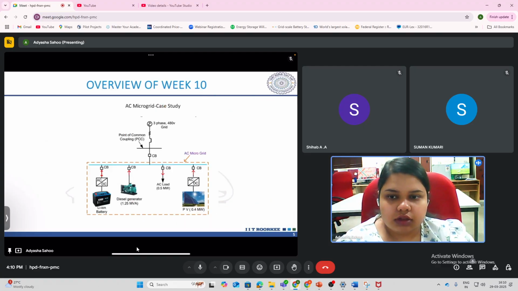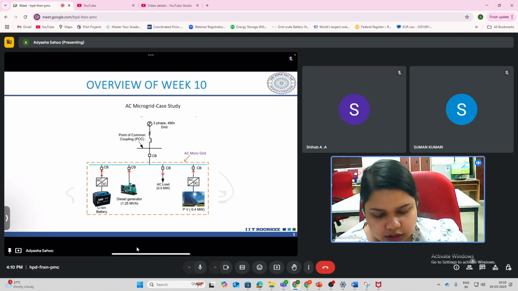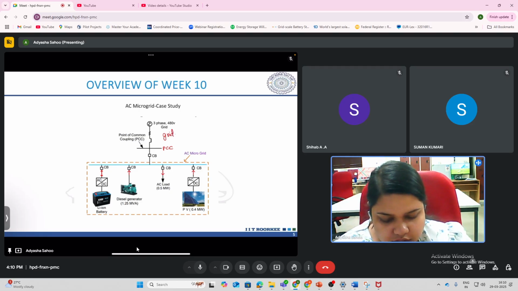So next we will see various case studies, starting with an AC microgrid. Here you can see we have the grid connected AC microgrid. This is the PCC, and we have the grid this side. Now at the PCC we have an AC microgrid connected.